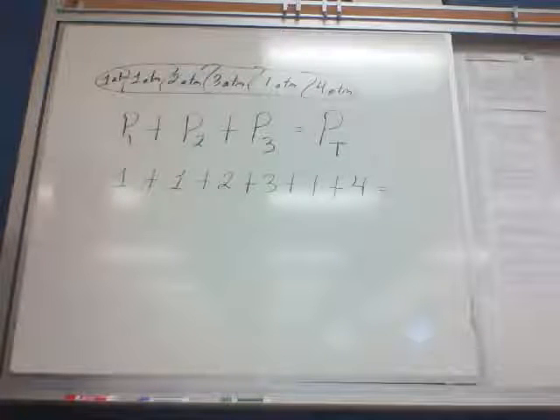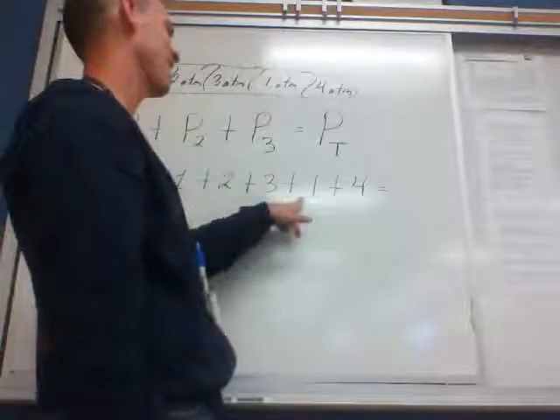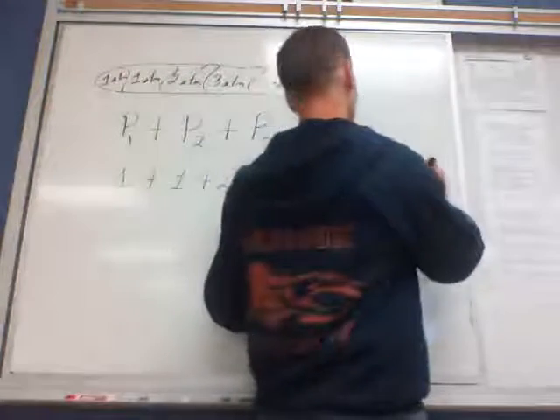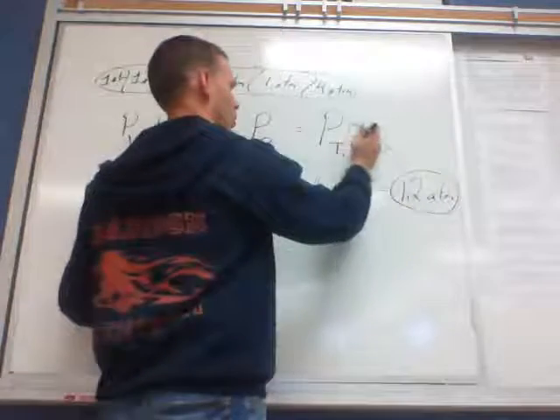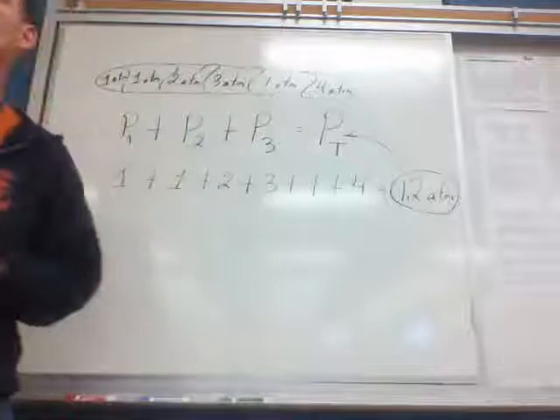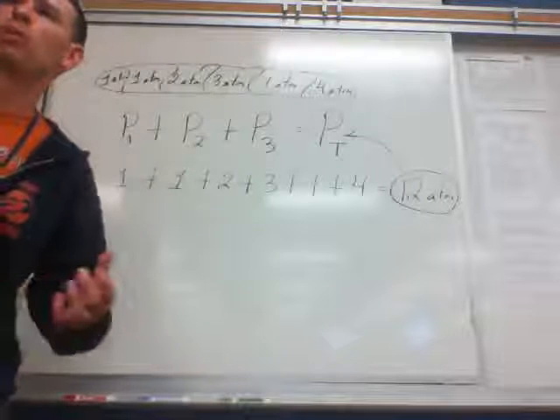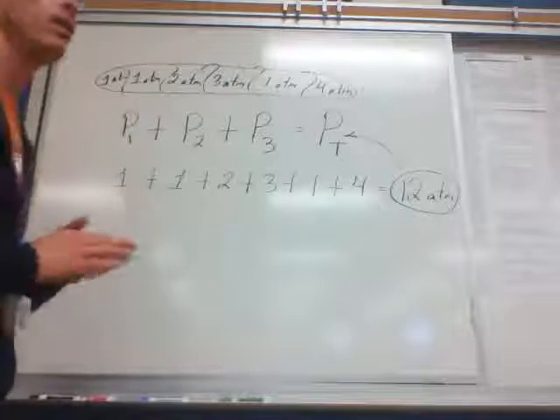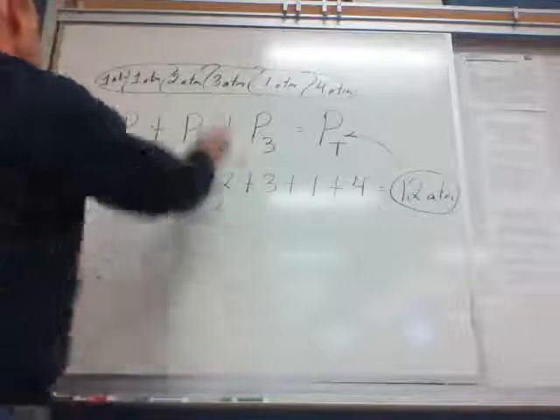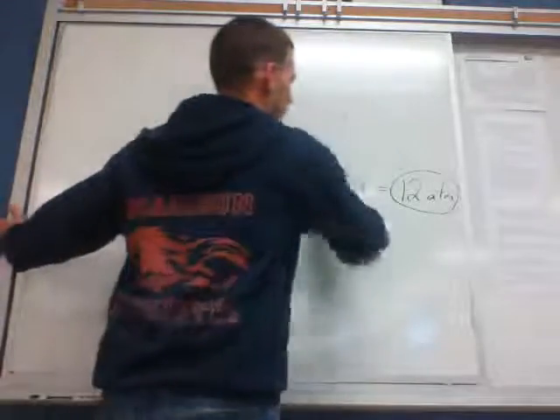Oh, look, different answers on my addition problem. 1 plus 1 is 2, plus 2 is 4, plus 3 is 7, plus 1 is 8, plus 4 is 12, which is the total pressure of the system. Dalton's law states to find the total pressure, you have to add up all the partial ones. So it's pretty simple and straightforward as long as you're able to do some 7th grade math.